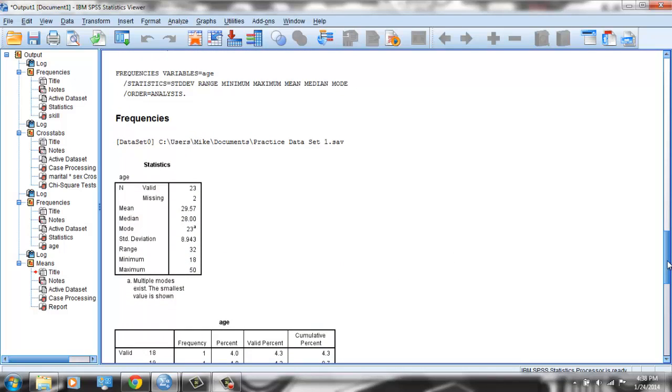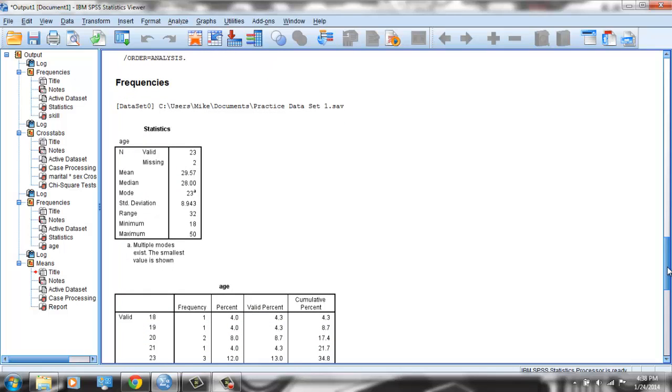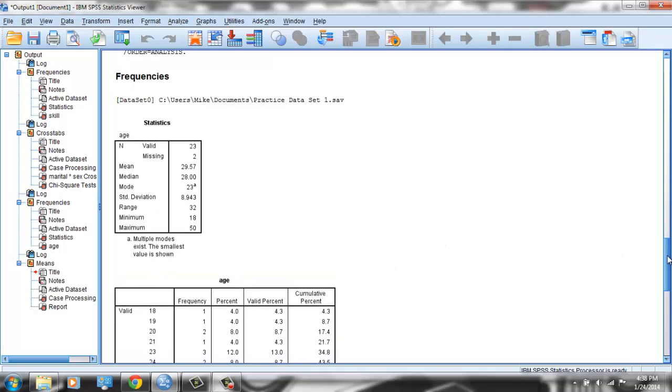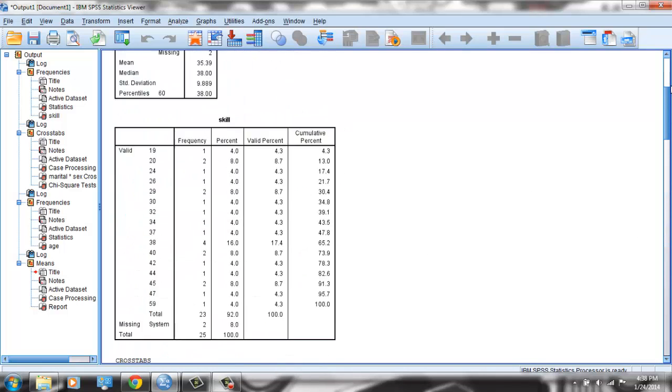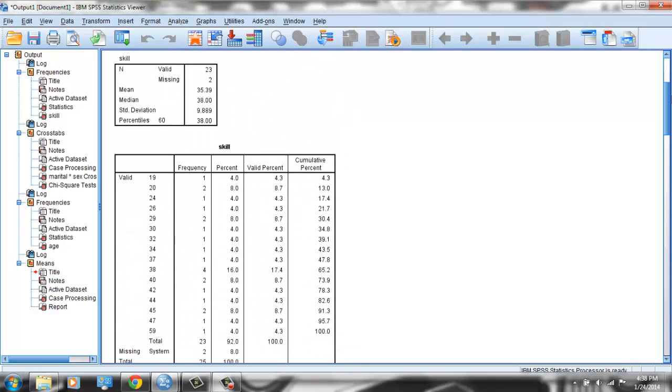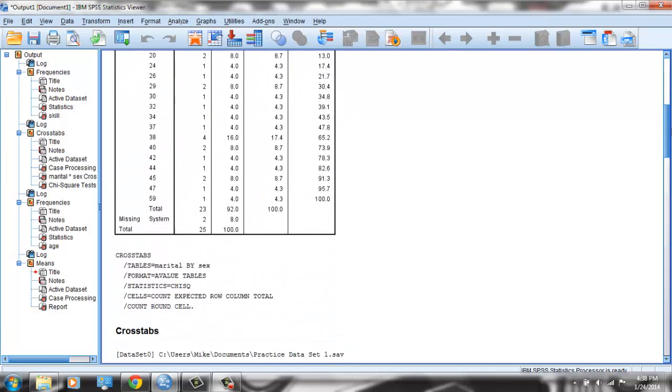Don't worry about the chi-square. I was just kind of introducing you to that. I won't ask you a question about that just yet. This question, they wanted to know the mean, the median, the mode, the standard deviation, range, minimum, maximum, all that stuff of age. Just showed you how to do that. It's the same place you find the stuff for the skill numbers we did above.